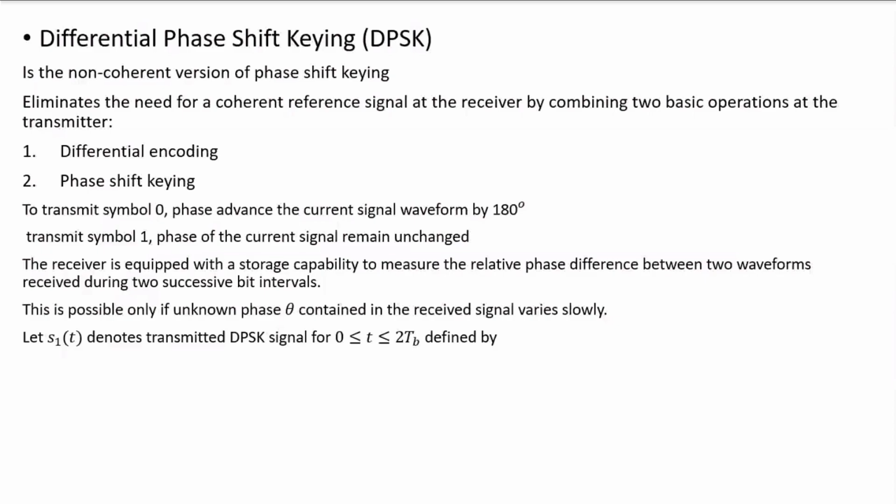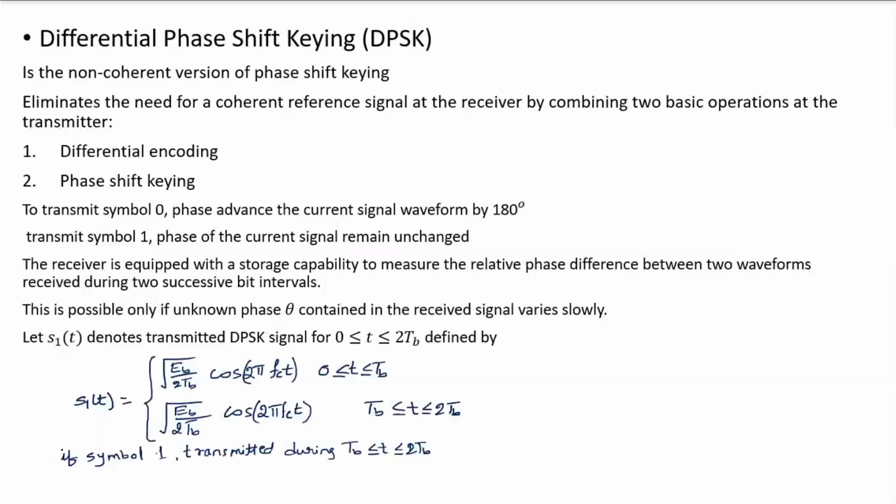S1 of t denotes the transmitted DPSK signal, right? Why do we have to consider 2 symbol durations? We have to take the past symbol which is transmitted, and to decide the phase we have to take the present symbol as well. So S1 of t is nothing but square root of Eb by 2 Tb cos 2 pi fct.